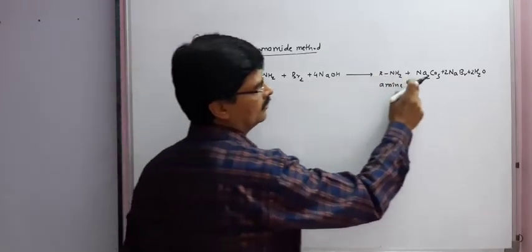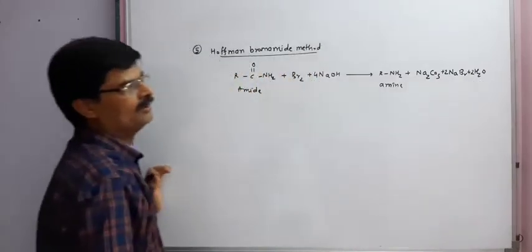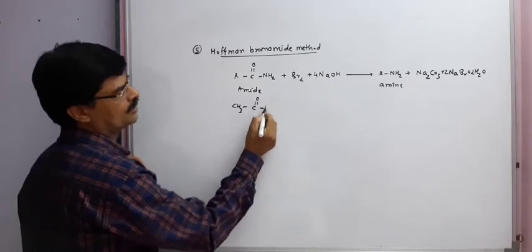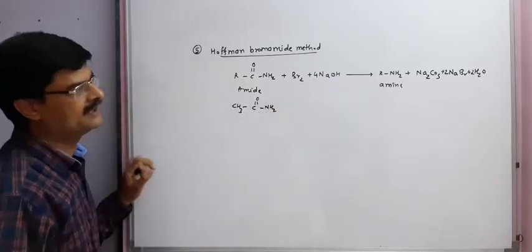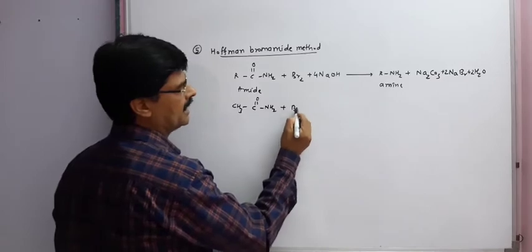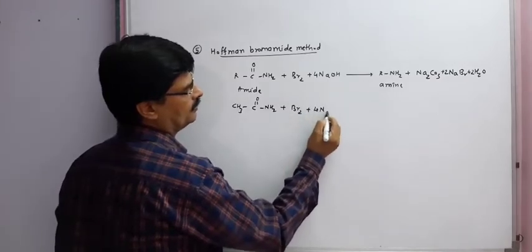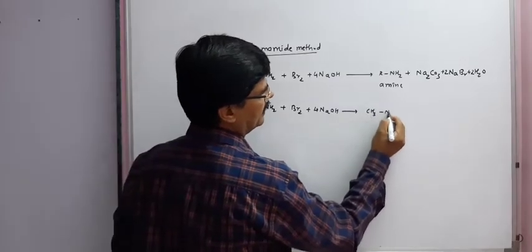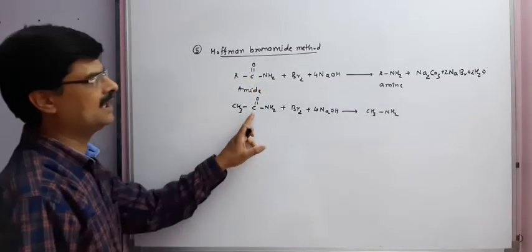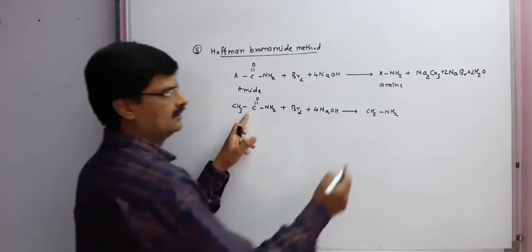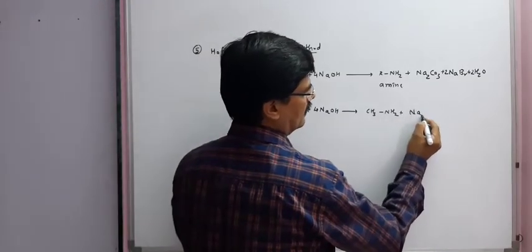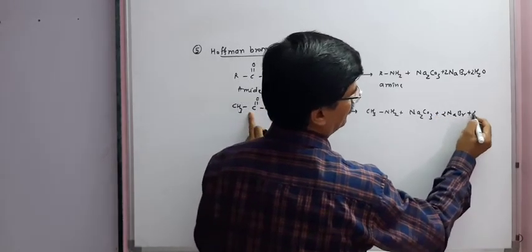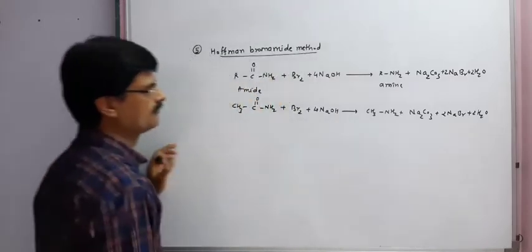114, 1122. We can take the example of CH3CONH2. CH3CONH2 plus Br2 plus 4NaOH will give CH3NH2, an amine with 1 carbon less than the parent reactant, plus Na2CO3 plus 2 sodium bromide plus 2 moles of water.